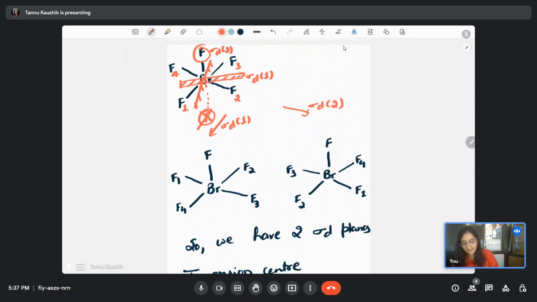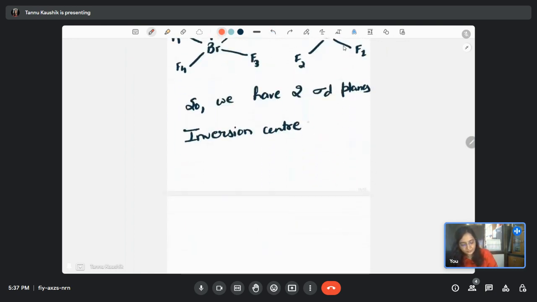So here we don't have an inversion center, although we have fluorine atoms present opposite to each other, but we don't have it for this atom. Like the fluorine atom which is present above the plane of the board, we don't have a fluorine atom below the plane of the board. Therefore, so I'm removing these. So we don't have an inversion center.